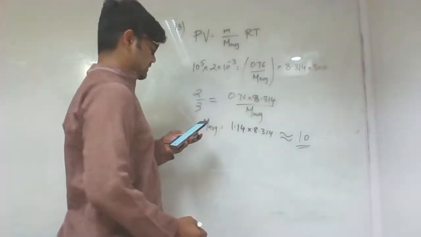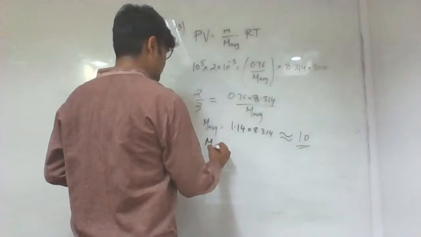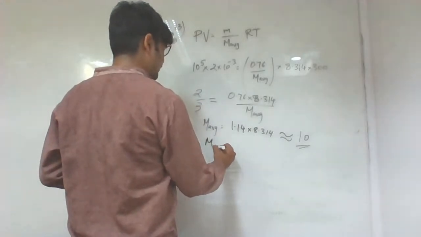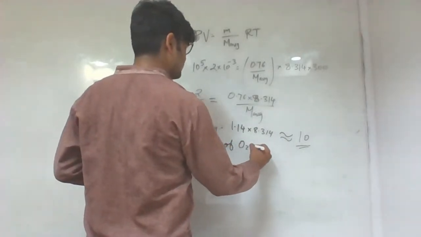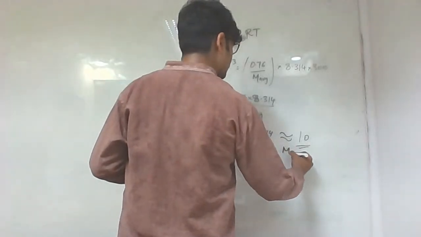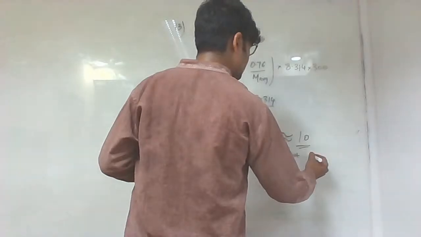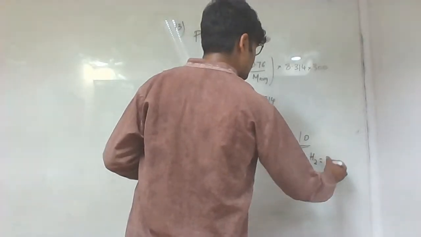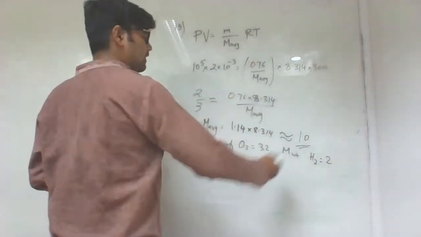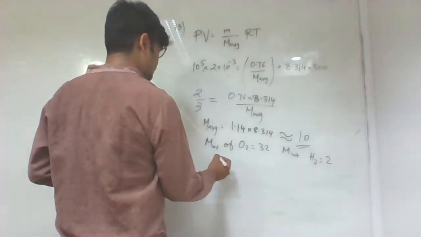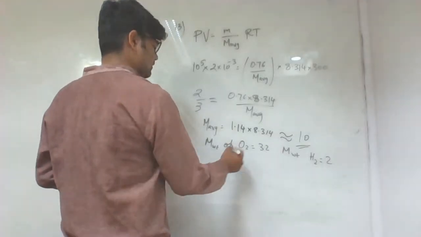Now from the options, molecular weight of oxygen is 32. Molecular weight of hydrogen is 2. Now, in what ratio should we mix them to get somewhere near 10?